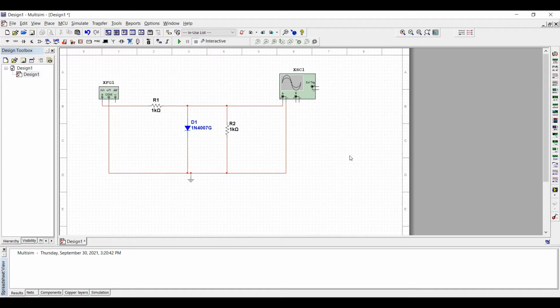So channel B we will be using as your input. So connect channel B to the input. Input is from function generator. So channel B is connected to the input. Negative of that is grounded.